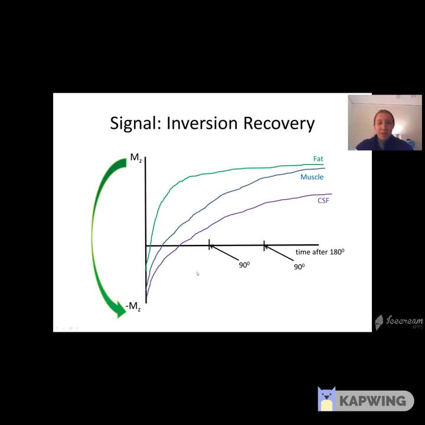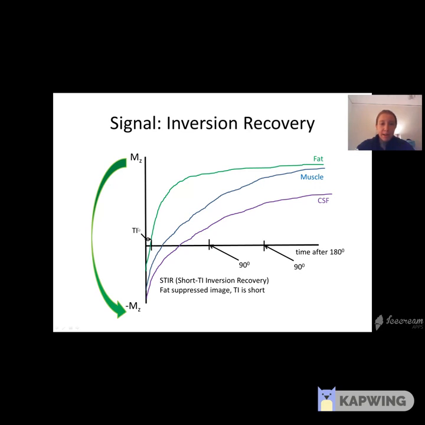If we strategically place this 90-degree pulse at a certain point, we can completely cancel out fat. While the protons are growing in the longitudinal direction, it gets to the point where fat will have no transverse magnetization, and so we won't get any signal from fat, or very, very little.